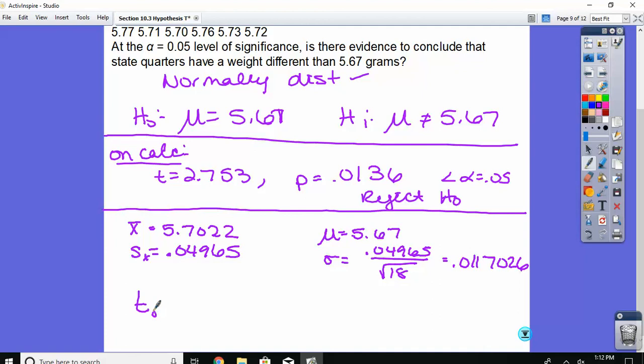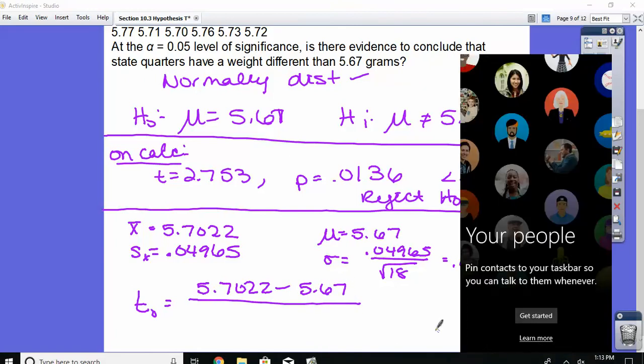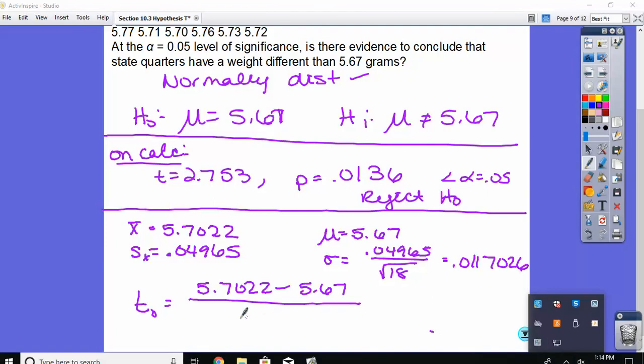So our t is your x bar minus the mu. If I do that, I get my t to be 2.75.